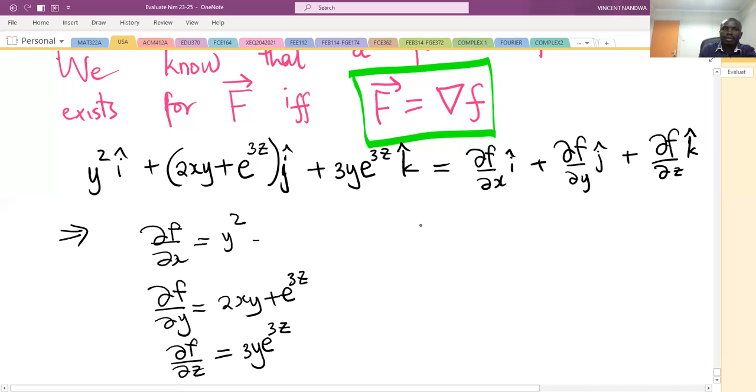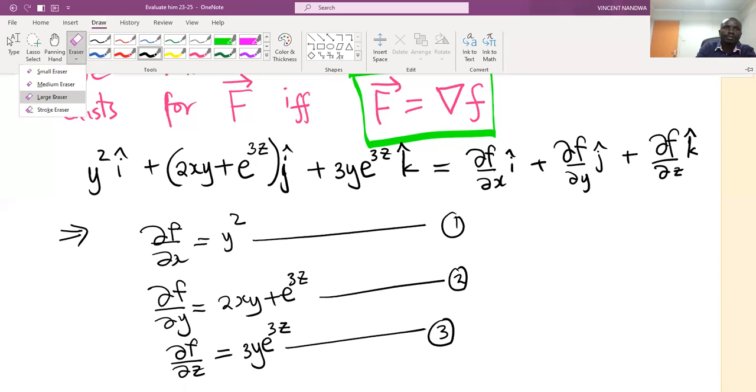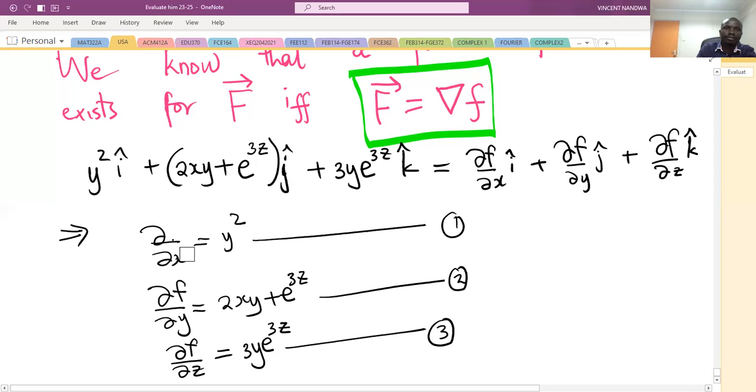Call this equation 1, this one equation 2, and this one equation 3. So that's what we have. Now our main interest is to find f. That's our objective.